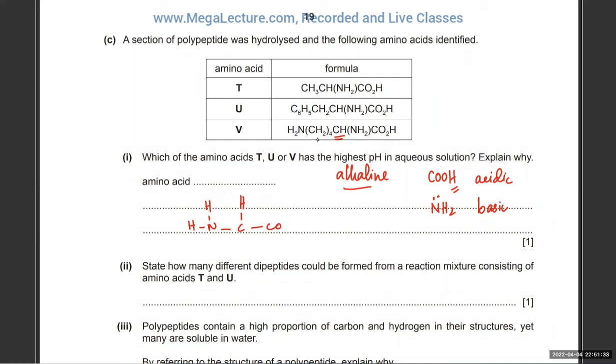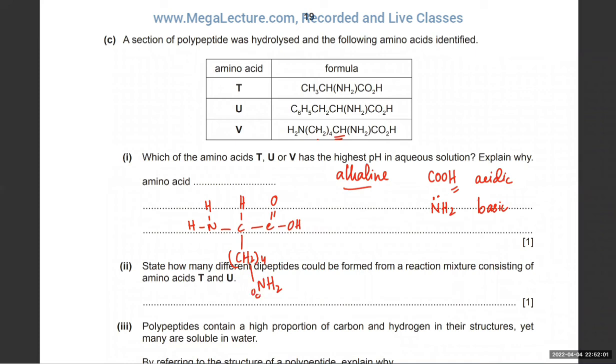Draw the whole thing: a C double bond O, OH. So this carbon has one NH2 attached, an H, and a carboxylic acid. And on the fourth side, it's got a CH2 repeated 4 times, and then there is an NH2 as well.